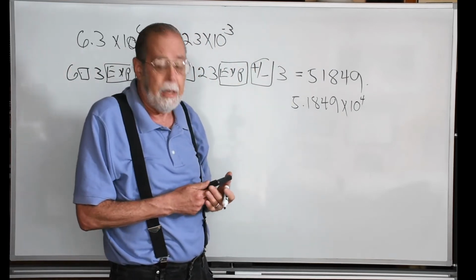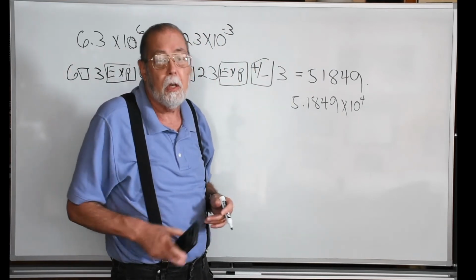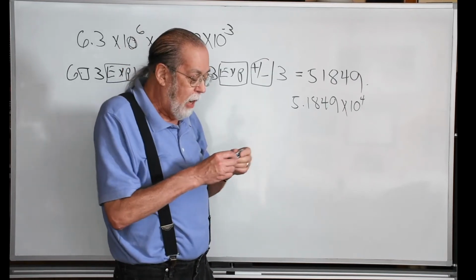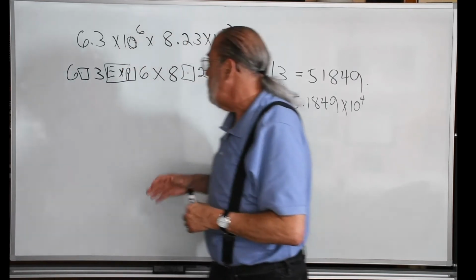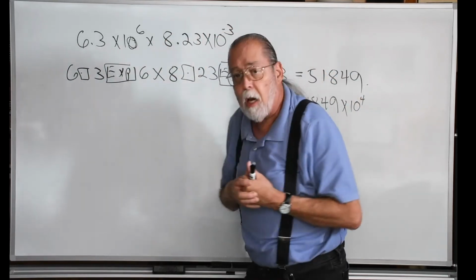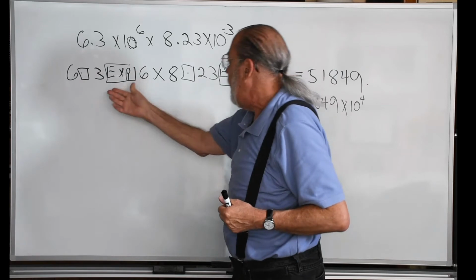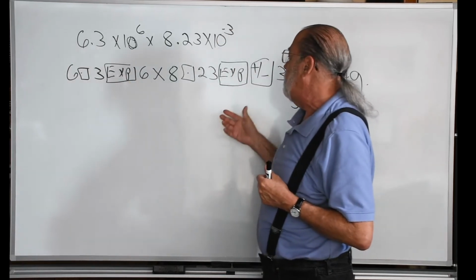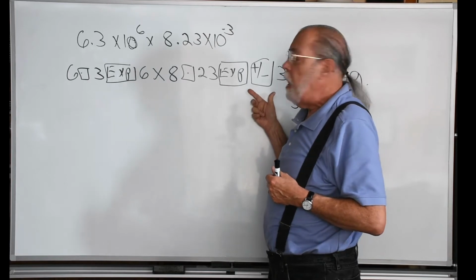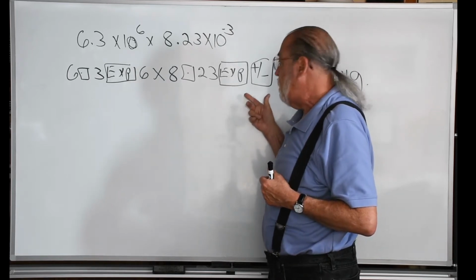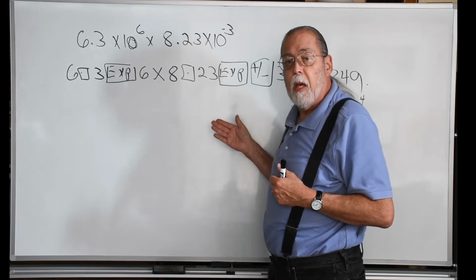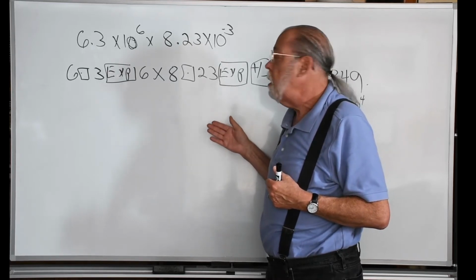You multiply, divide, you manipulate numbers in scientific notation exactly the same as any other number, but you use the exponent key and possibly the plus minus key to enter negative exponents, and you multiply them, divide them, and manipulate them in exactly the same fashion as any other number.